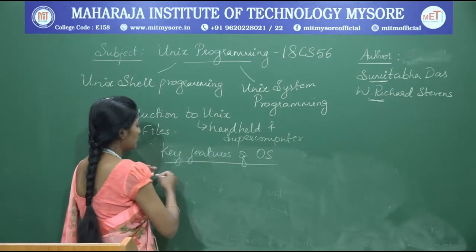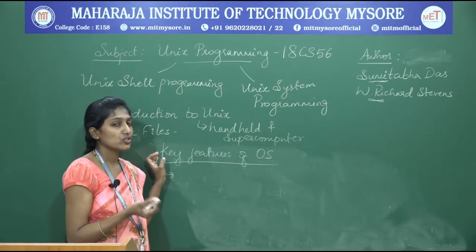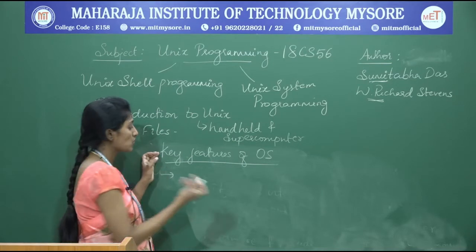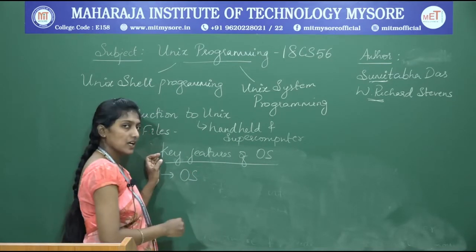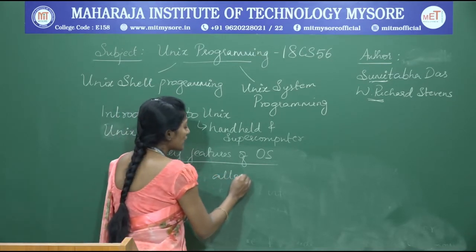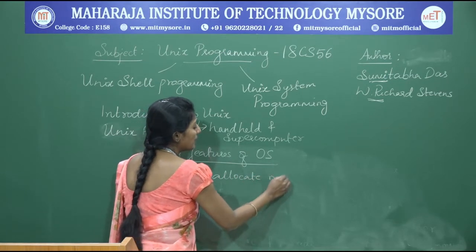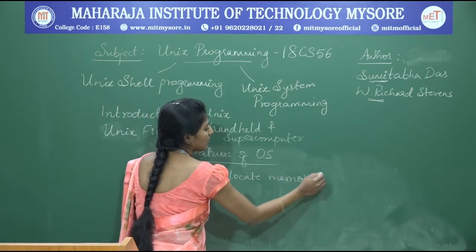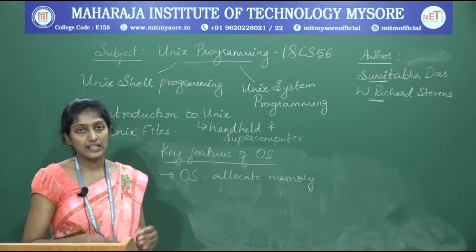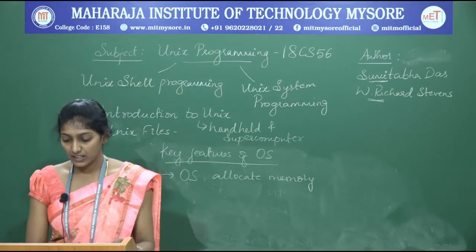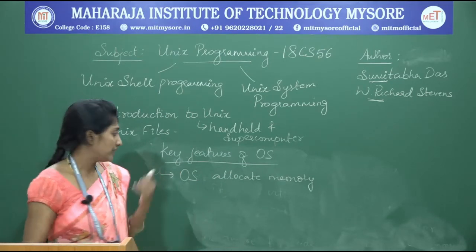First and foremost, whenever you write a program, the OS is going to allocate memory for it. A memory allocation will be done for that particular program which you have written.